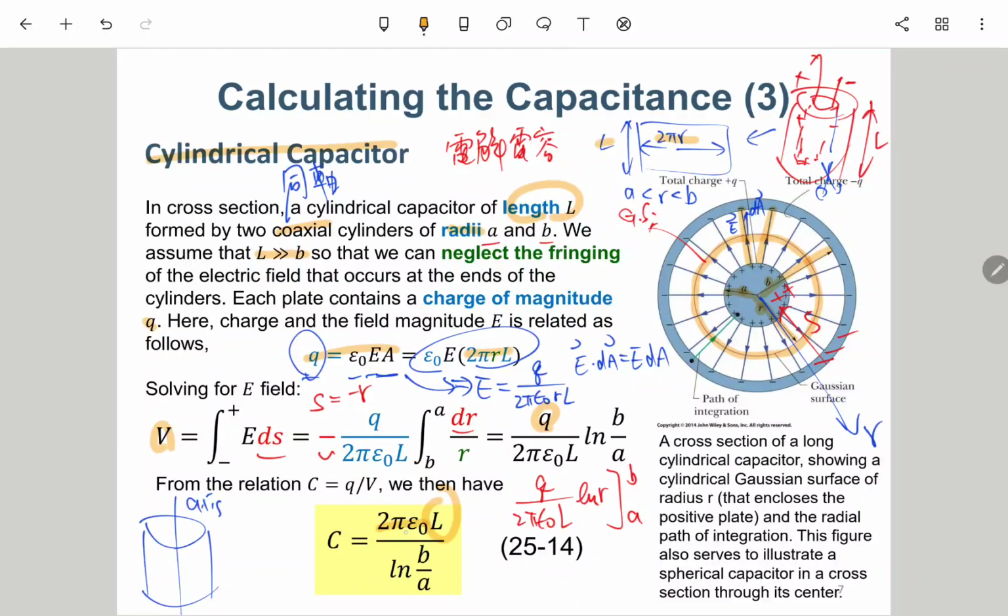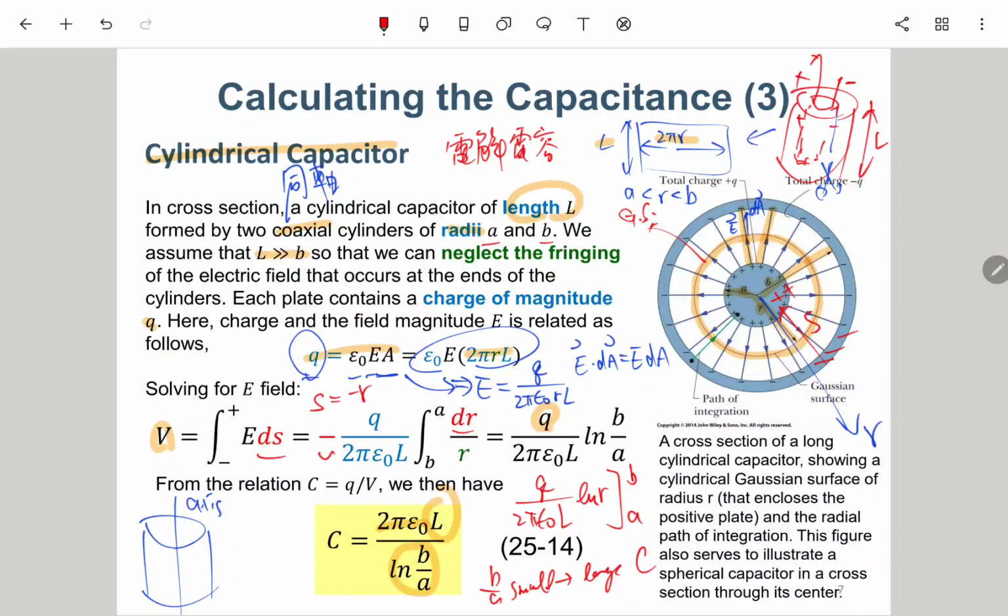And also you need to make the denominator smaller to make the capacitance larger. To make this log smaller, b over a should also be smaller. So b over a small gives large C.